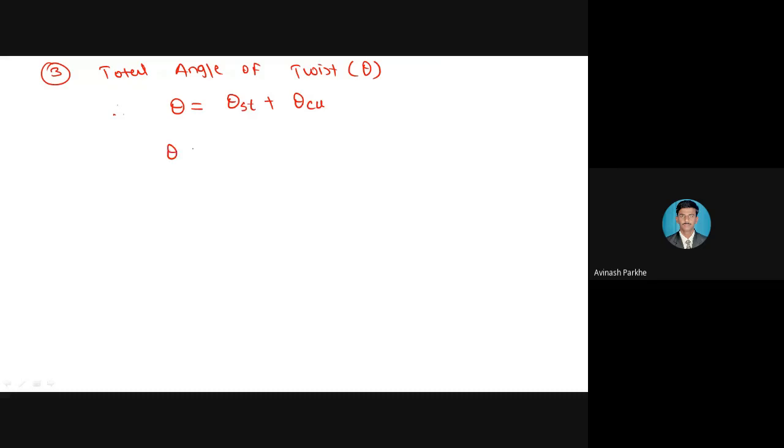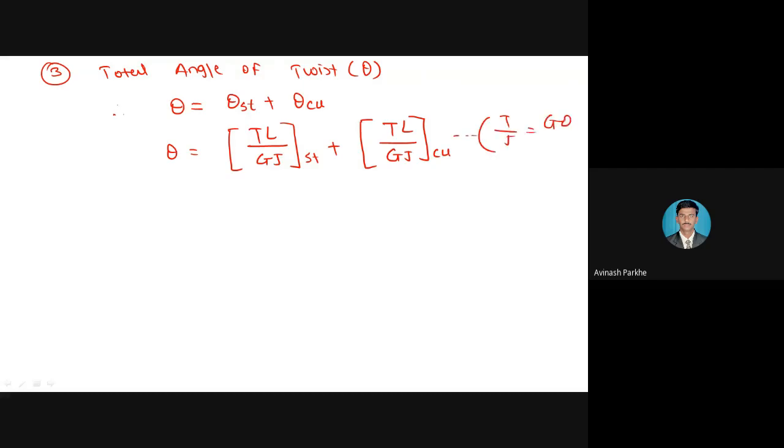We have the theta formula, T into L divided by G into J of steel material, plus T into L divided by G into J of copper, because we have the torsion formula, T upon J is equal to G theta by L.